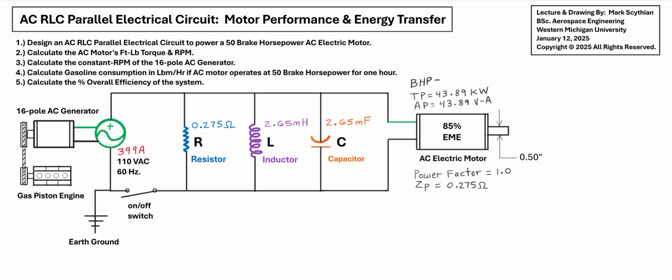Alright, so now we move on to documenting the final calculations. And so in this case, we can reprove that the 43.89 kilowatts of AC electrical true power multiplying itself times the AC motor's efficiency of 85%, then divided into 746 watts, so horsepower indeed equals 50 brake horsepower.